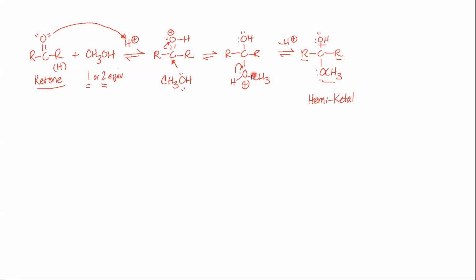And then if I lose the methanol, I'm going backwards to that product. And then if I lose the H plus, so that's why all of these steps have to be equilibrium, because we can go backwards and forwards. So to make this continue to move forwards, I need to protonate now my OH group.